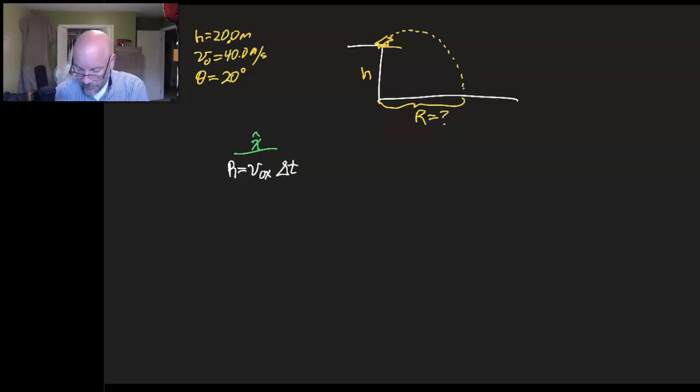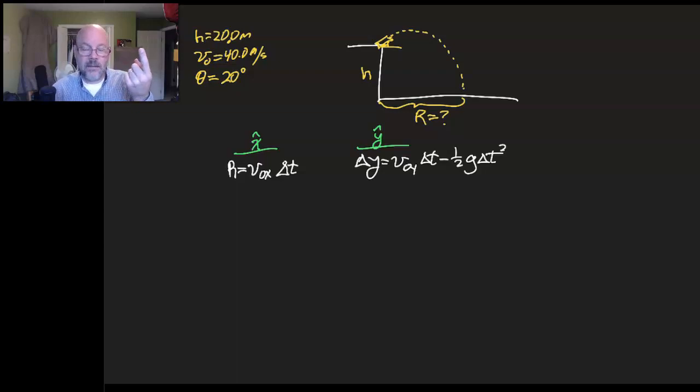And if we go and get the vertical stuff, we're going to have delta Y equals V naught Y delta T minus a half G delta T squared.